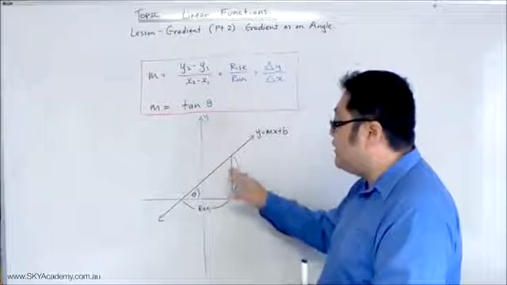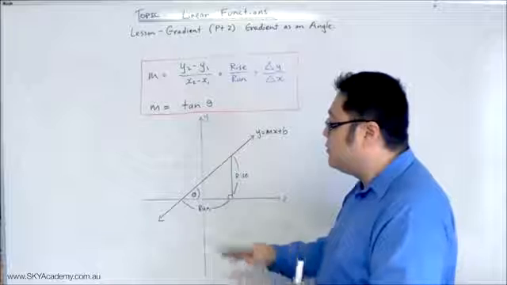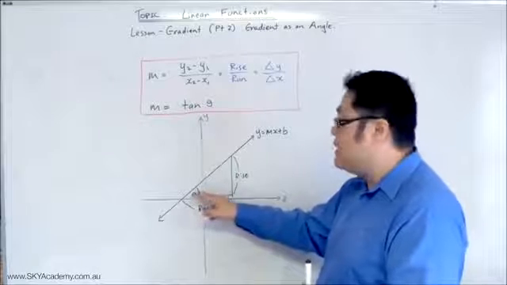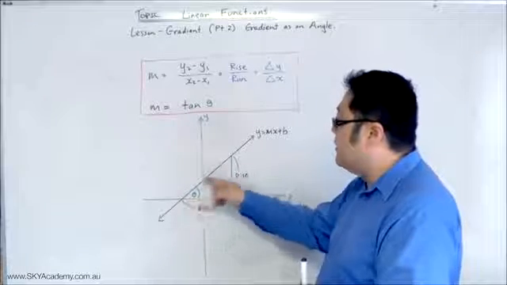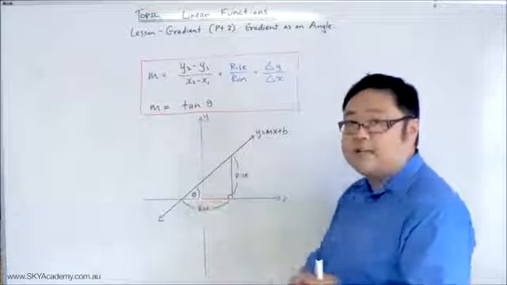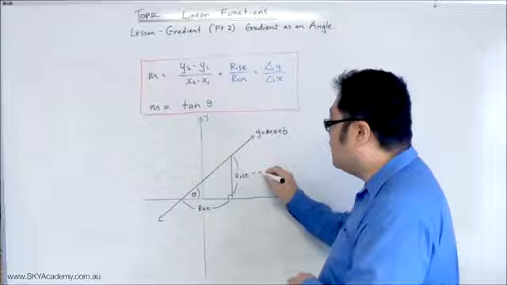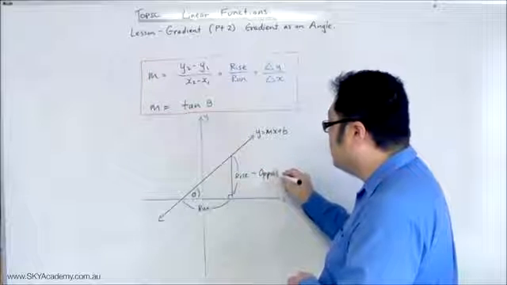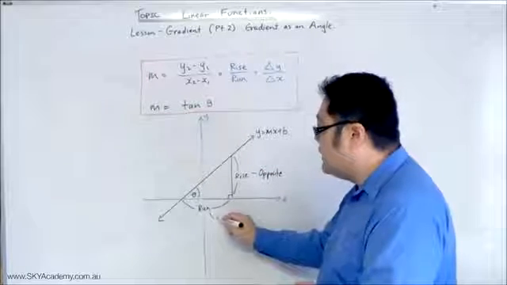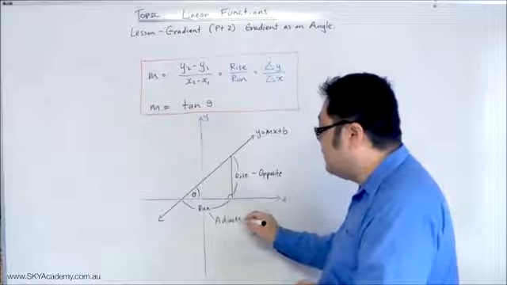Do you see that? And the rise over the run forms a right angle triangle where theta is the angle between the line and the x-axis, and the rise is equivalent to the opposite side of that right angle triangle, and the run is equivalent to the adjacent side of the right angle triangle.